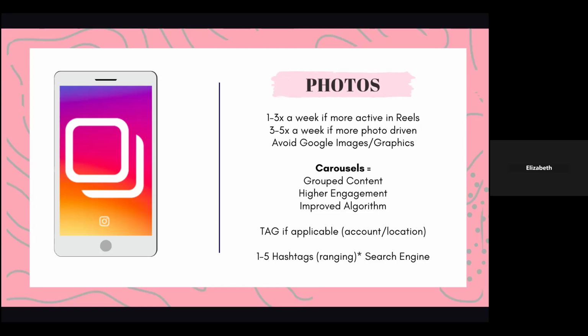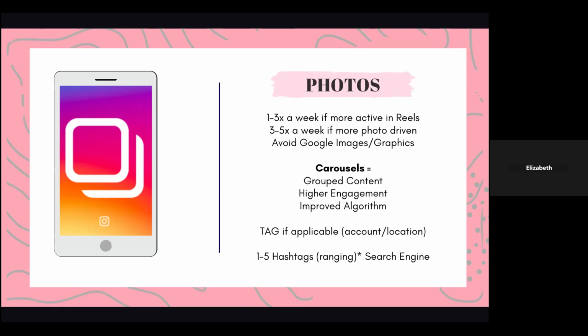It's higher engagement because the algorithm is so smart that when you scroll past somebody who has a carousel and you only see the first picture, guess what? Next time you go in the feed, Instagram automatically shows you that second photo. So having 2 to 3 photos in a feed, you'll be seen 2 to 3 times if they didn't see it already. That's really a powerful tool.